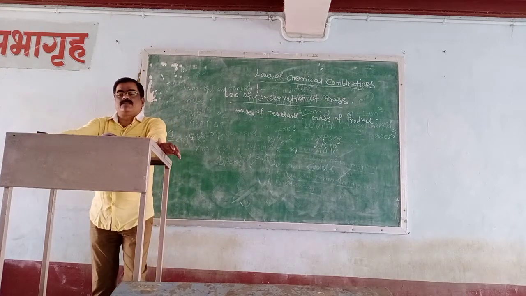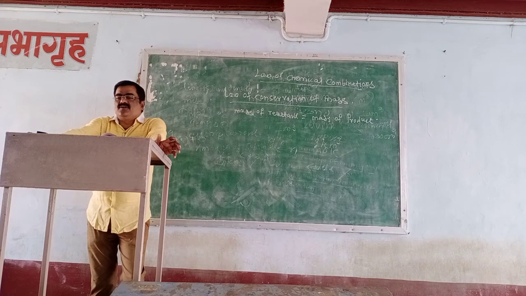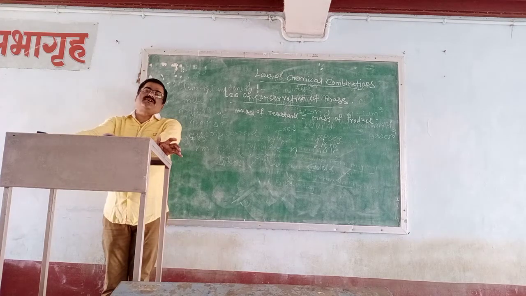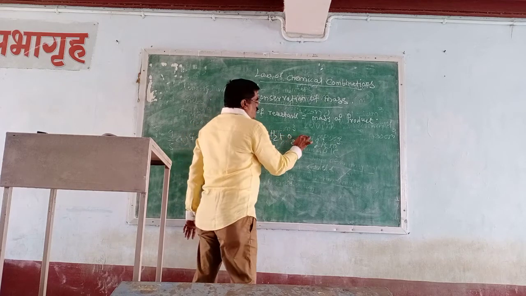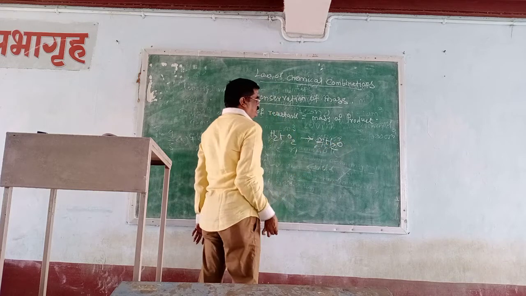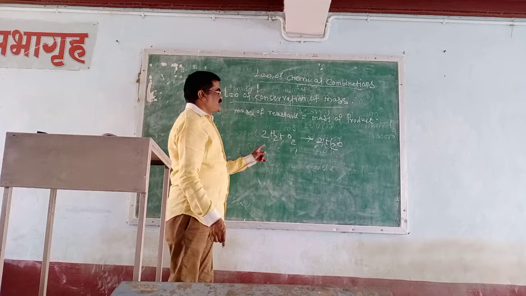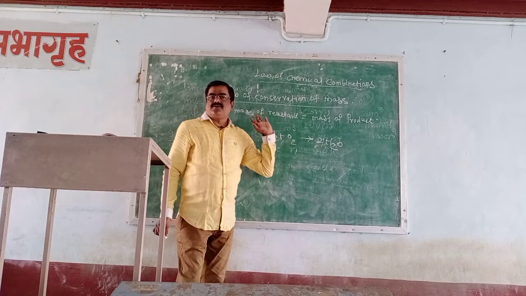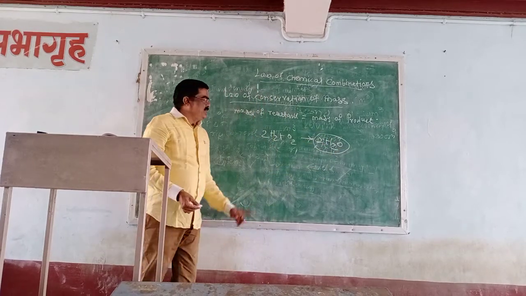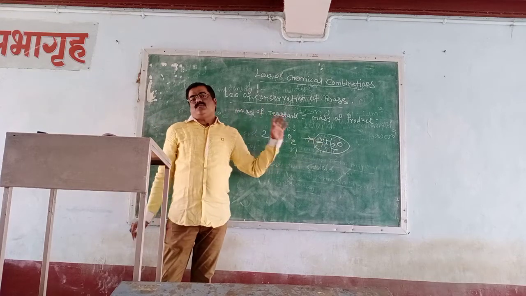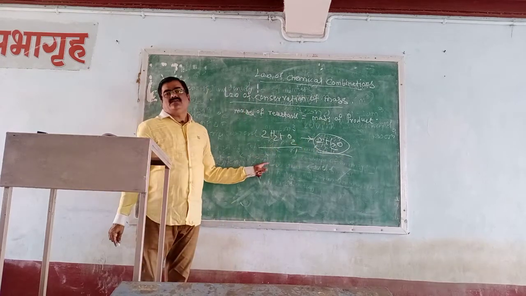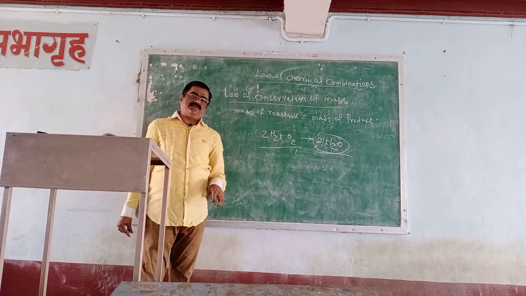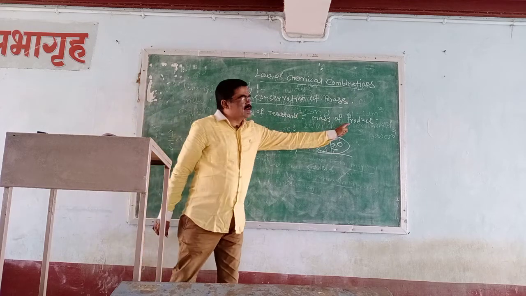When the hydrogen gas burns and combines with the oxygen to form the water, the mass of the water formed is equal to the mass of the hydrogen and oxygen which are consumed. जसे की आपण एखादी रासायनिक अभिक्रिया हायड्रोजन H2 and O2 घेऊ, 2H2 plus O2 gives 2H2O. या रासायनिक अभिक्रियेमध्ये हायड्रोजन आणि ऑक्सिजन यांच्यामध्ये रासायनिक अभिक्रिया झाल्यानंतर जो वॉटर मॉलिक्यूल तयार होतो, that the mass of this water is equal to the masses of the hydrogen and oxygen which are consumed. म्हणजे mass of the reactant is equal to the mass of the product.